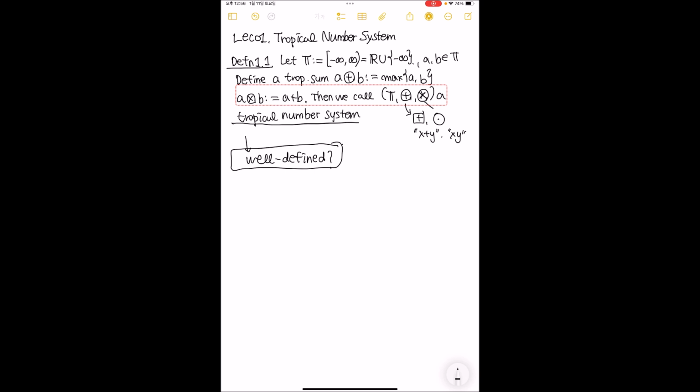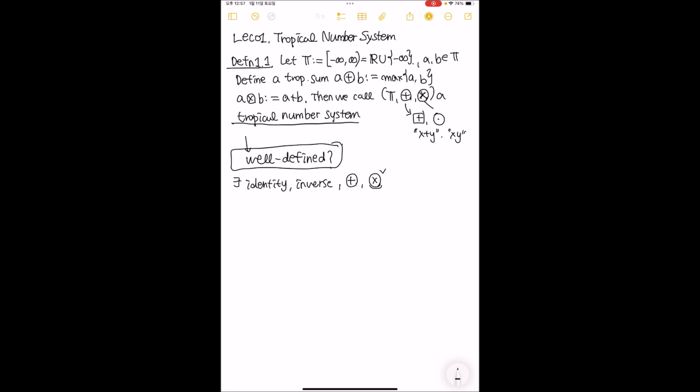To check the well-definedness, one standard basis is to check the existence of the identity and inverse for each operation.